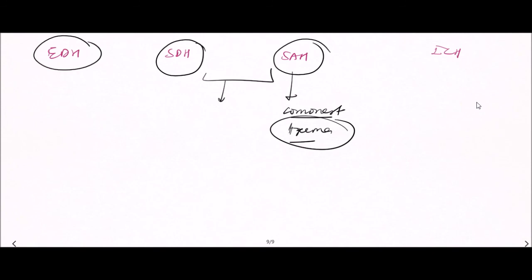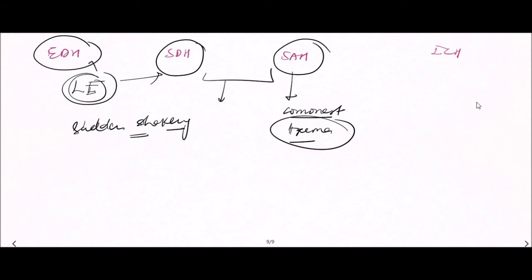Now, something known as lucid interval. This is medicolegally very important for EDH as well as SDH. What happens in the case of lucid interval? The initial unconsciousness is due to the sudden shaking. This condition is known as concussion.